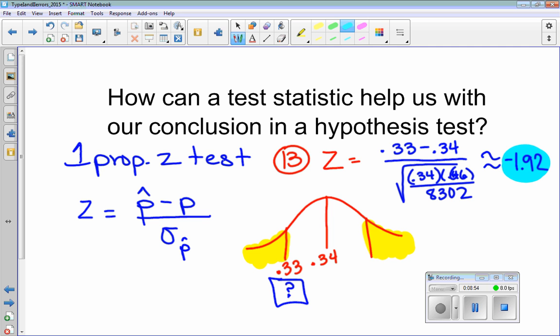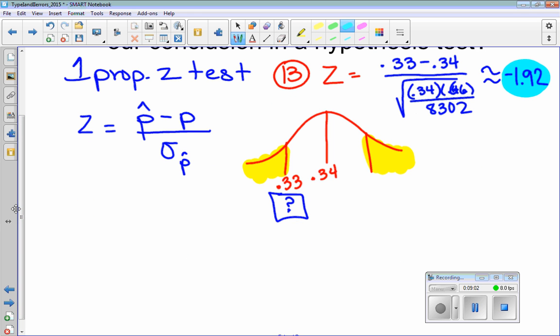We can compare this to the corresponding z star. By the way, if this is negative 1.92 on the left-hand side, isn't positive 1.92 on the right-hand side? You agree so far? Good. So I want to compare my z to a z star.